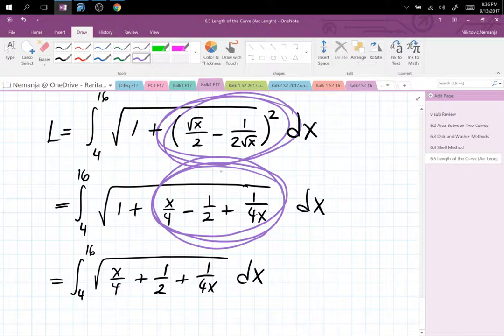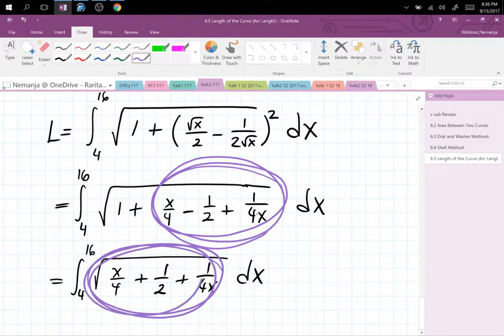So this one came from here. Now, what you realize is that this one and the one in the middle have the same members, except the sign of the middle term is different. They have same numbers.